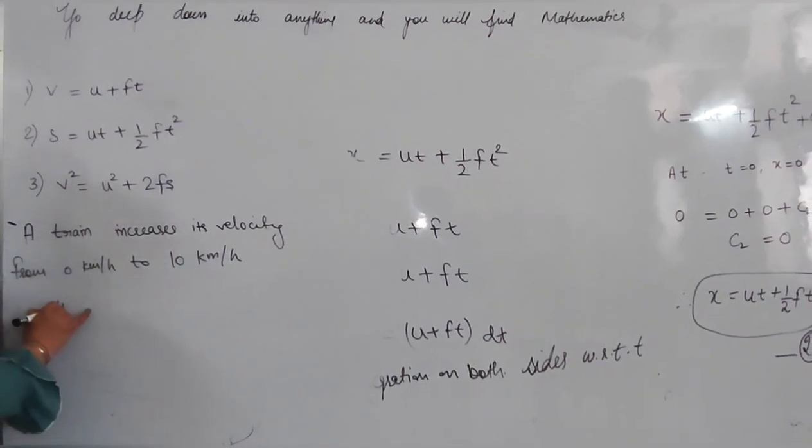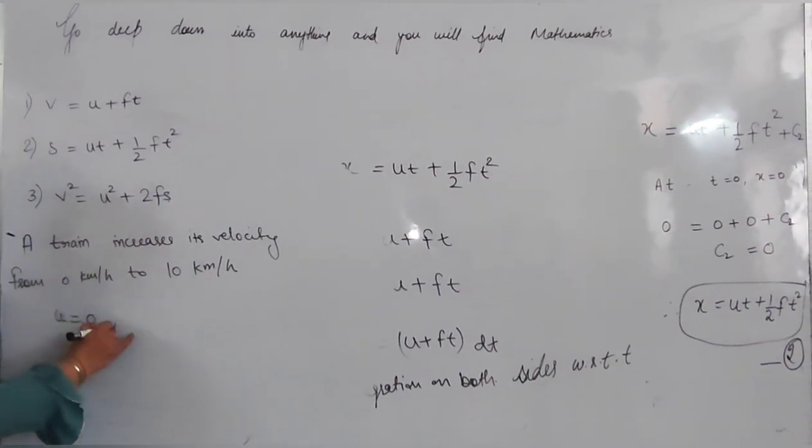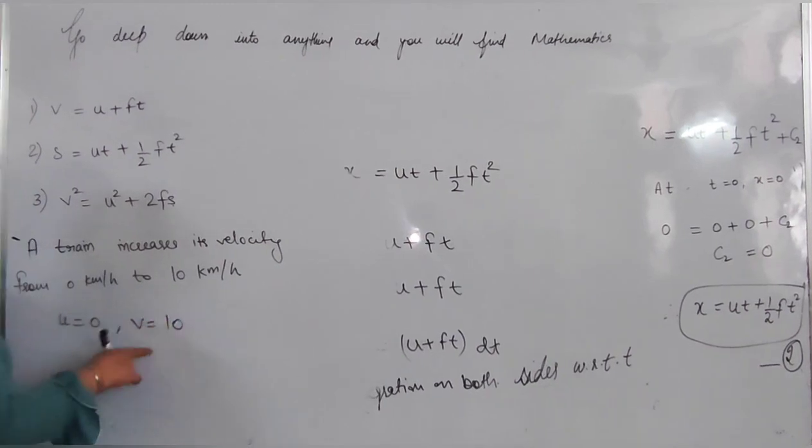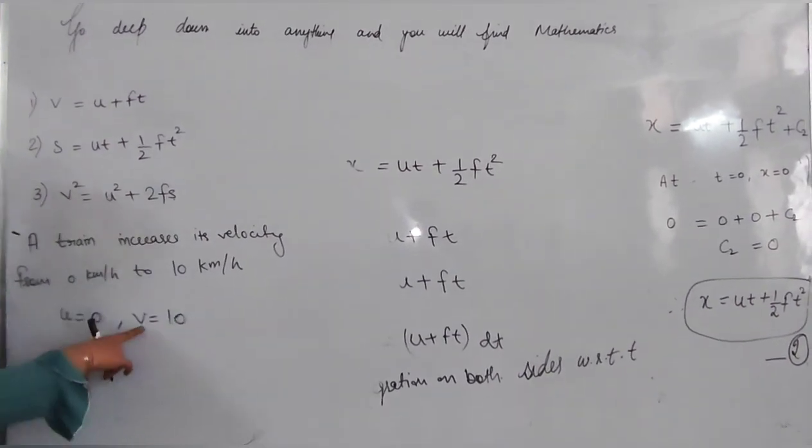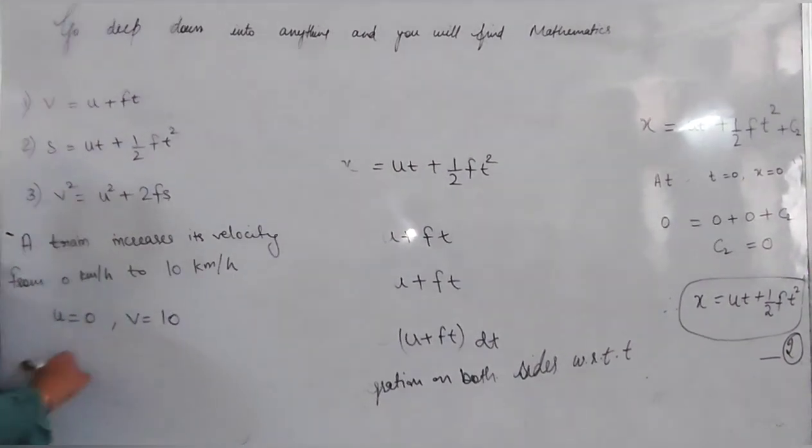So that implies we have u is 0 and v is equal to 10, because the initial velocity is 0 and the final velocity is 10.